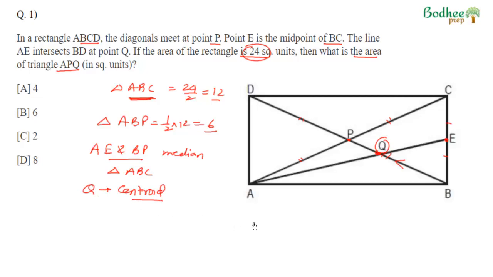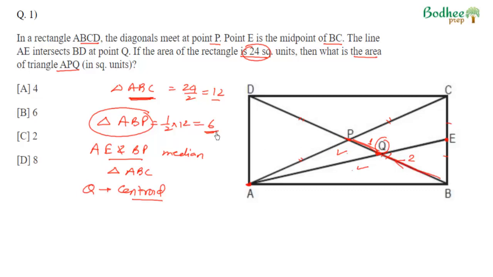So we can say that Q would be the centroid. Now we know that the centroid divides the median in the ratio of 2:1, right? You know that the area of the triangle ABP is 6. And here again, we can apply the rule that from the common vertex, the triangle AQP and the triangle ABP, their areas will be in the ratio of their bases, and the base is in the ratio 1:2.